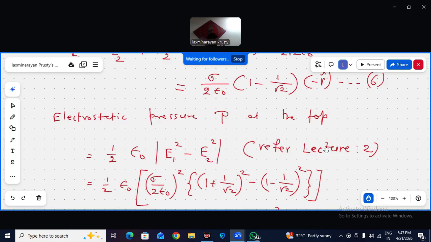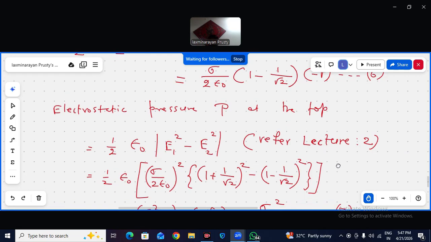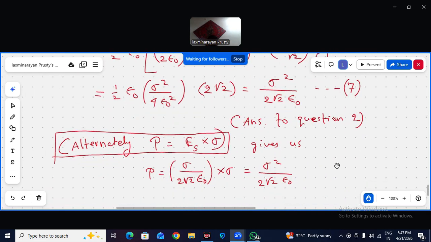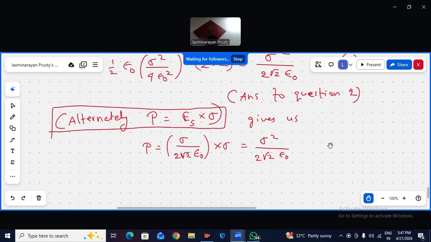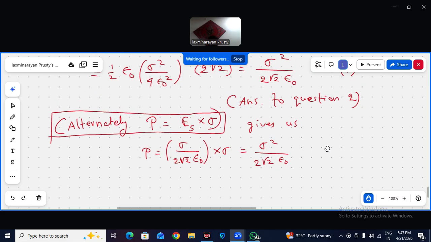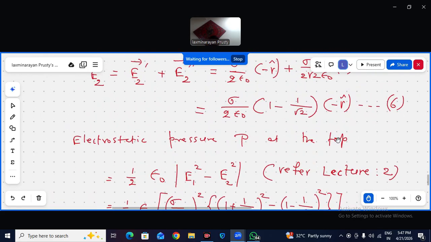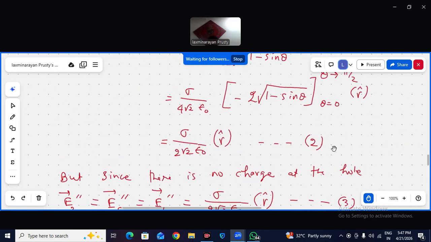We have consistently proceeded from lecture 1 to lecture 3 in applying this discontinuity of the electric field at the mathematical surfaces having finite non-zero surface charge density, okay, and also the electrostatic pressure because of that. And we have dealt with many examples, and various other examples will be there.